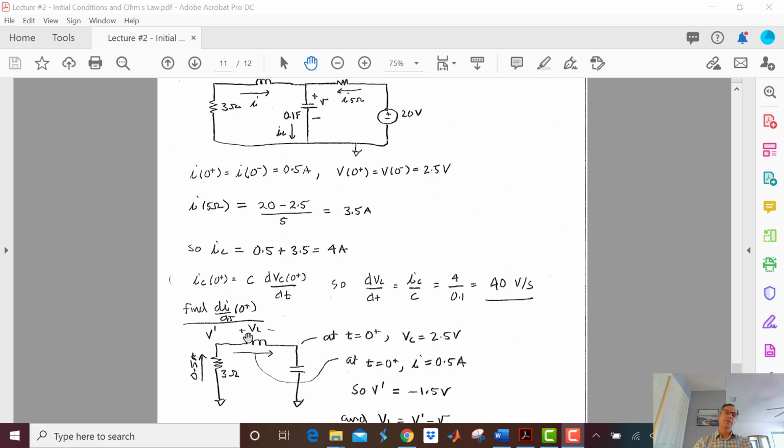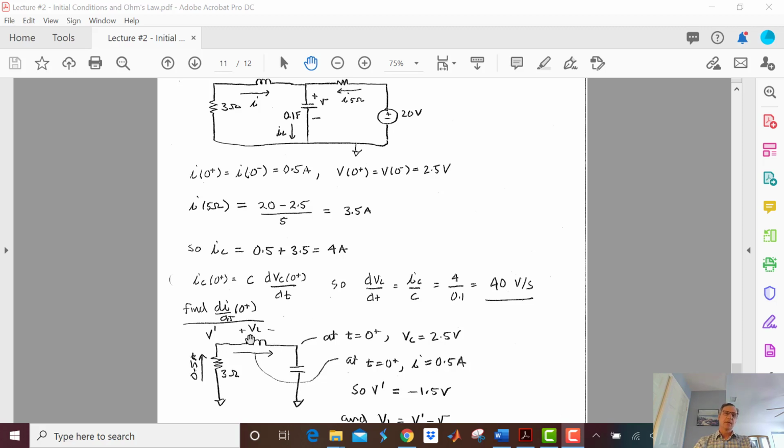And remember, to find di dt, what I really need to do is get the voltage across the inductor, because V equals L di dt, so di dt is V over L. So what I really need is this voltage.